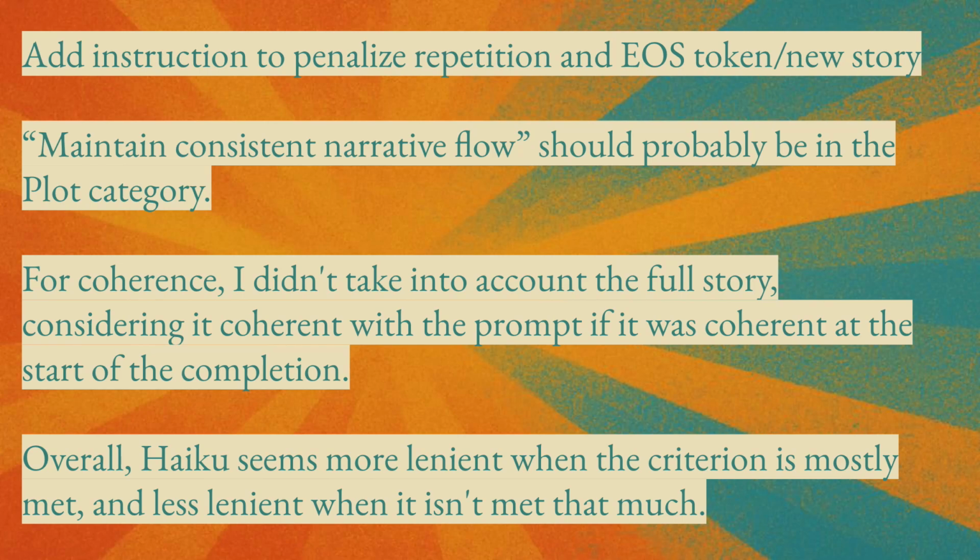And then the general vibe I got was that Haiku was more lenient when the criterion is mostly met and less lenient when it isn't met that much. So I feel like it was a lot stricter when it was not very clear.